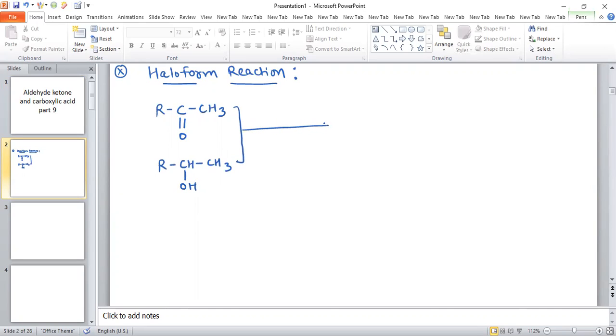with a halogen in presence of alkali, for example, this X2 can be I2. So this pair can be I2 and NaOH.